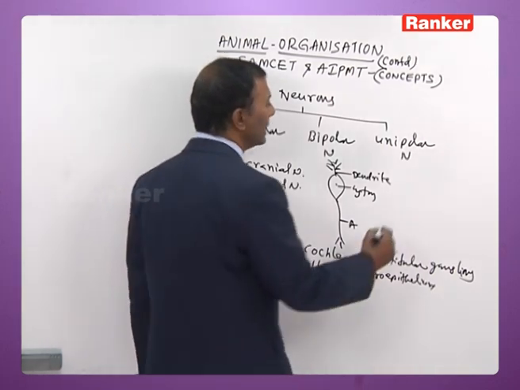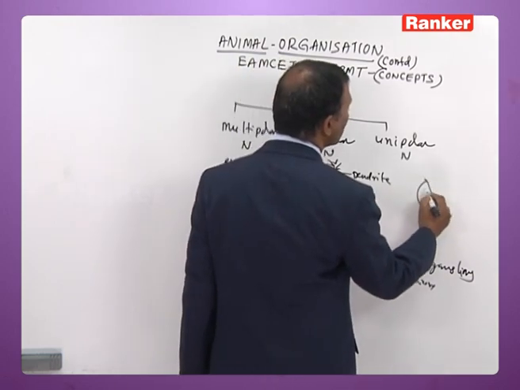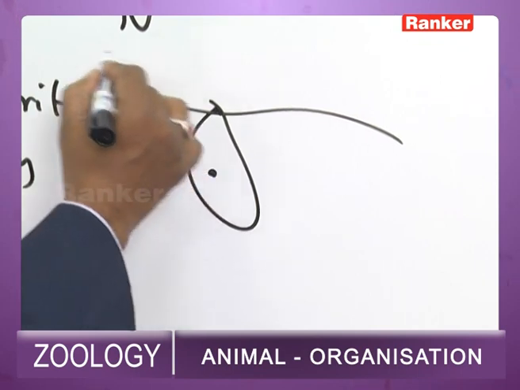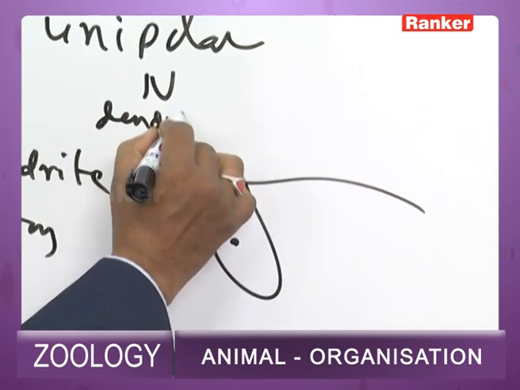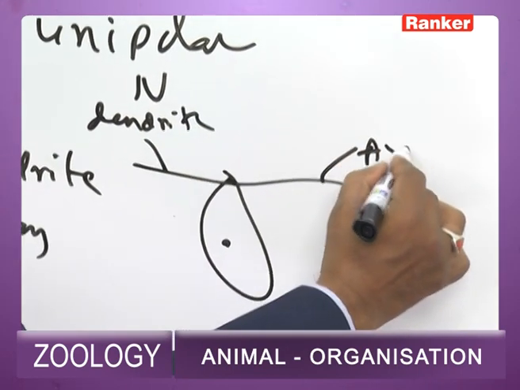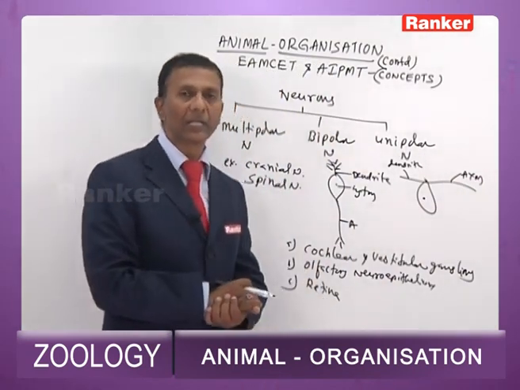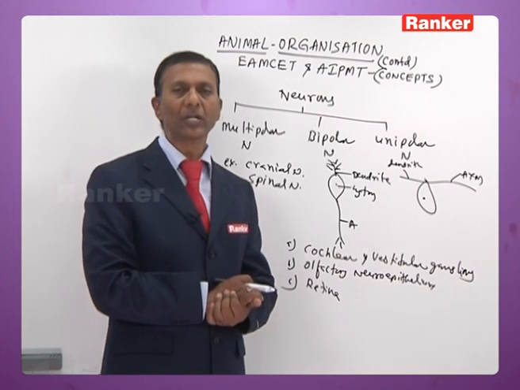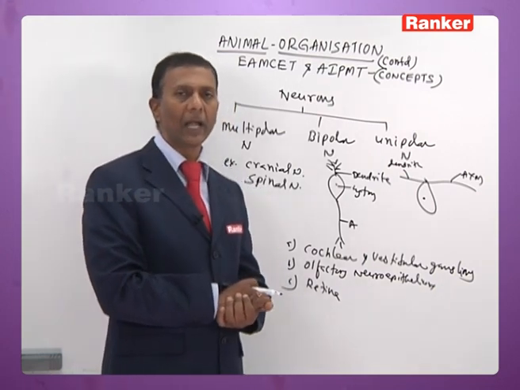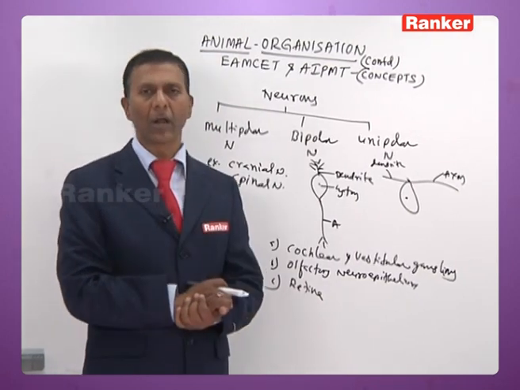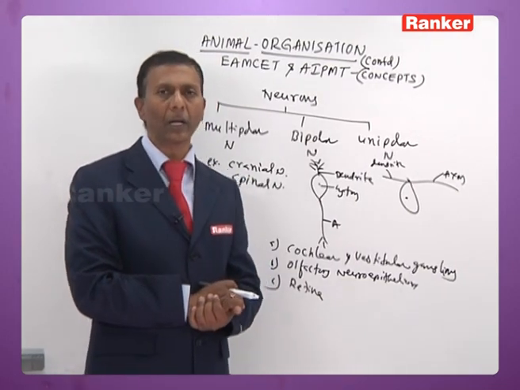Unipolar neurons: the cyton is laterally placed. It gives rise to a single fiber which is differentiated into a dendrite at one end and an axon at the other end. Unipolar neurons are also referred to as pseudo-unipolar.